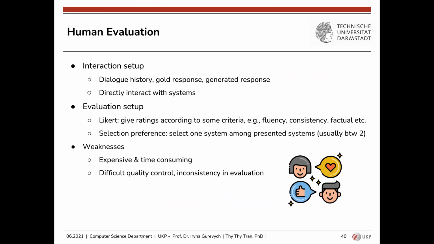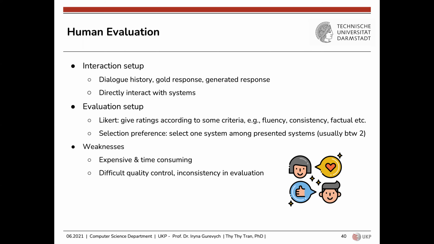Because of the limitations of automatic evaluation metrics, human evaluation is often used in combination with them. There are 2 evaluation interactions for human judgment. In the first scenario, a person is given a dialogue history, goal response, and generated response for evaluation.